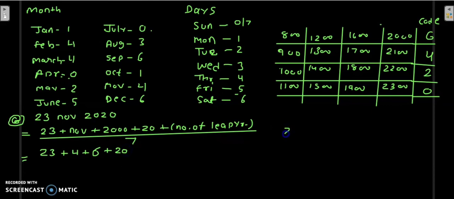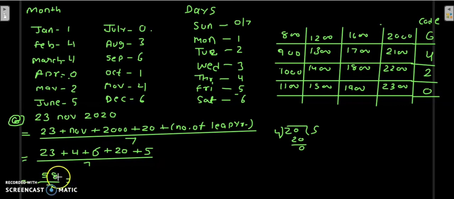Now number of leap years, 20 divided by 4. So 4 5s are 20, remainder we will not take, only the quotient. So it will be 5 leap years, then divided by 7. When you add this, it will give you 58 by 7. 7 8s are 56.